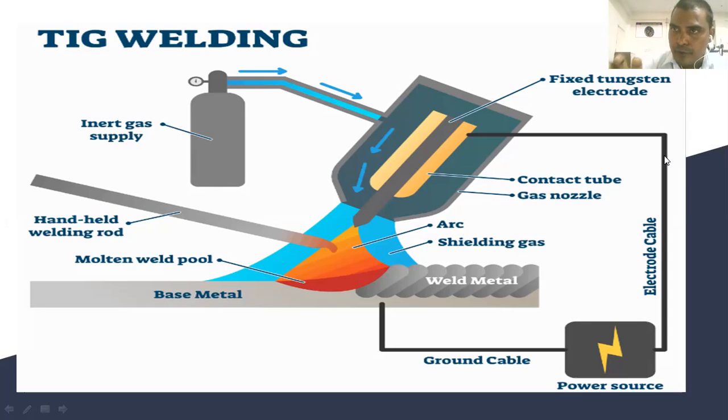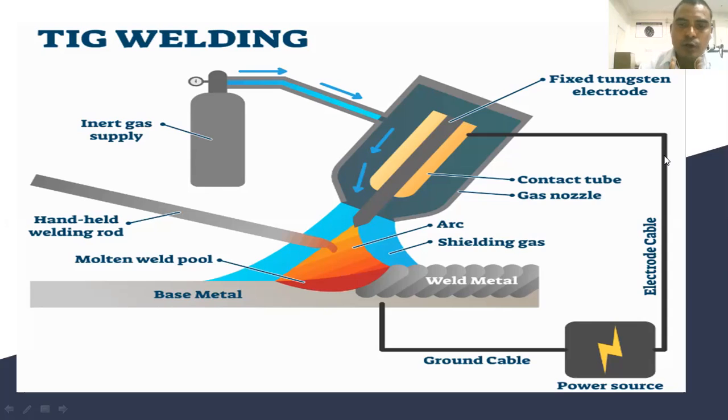Argon is normally preferred over helium because it requires a lower arc voltage, easier arc starting, and provides a smooth arc action. It is also economical and heavier. So I repeat again why we are using argon: it requires a lower arc voltage, easier arc starting, and provides a smooth arc action. It is also economical and heavier.